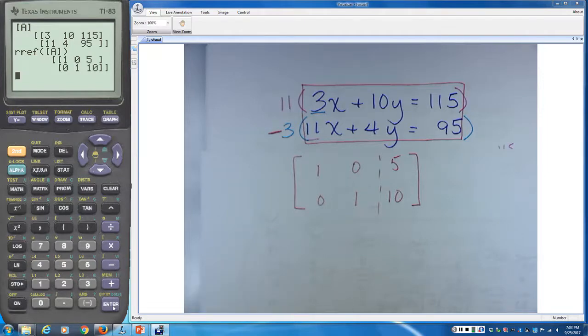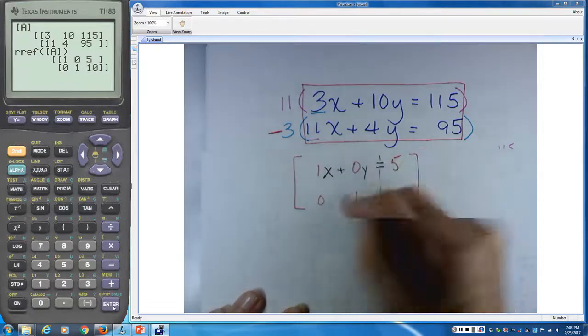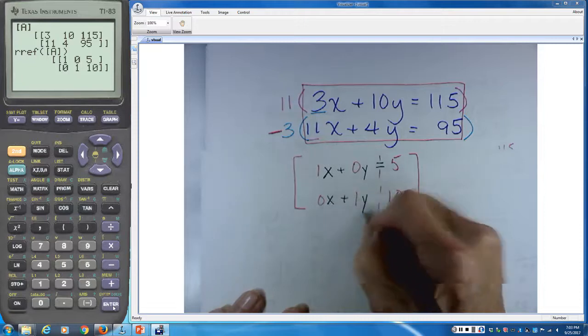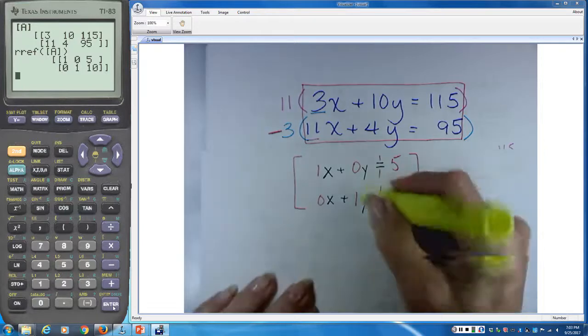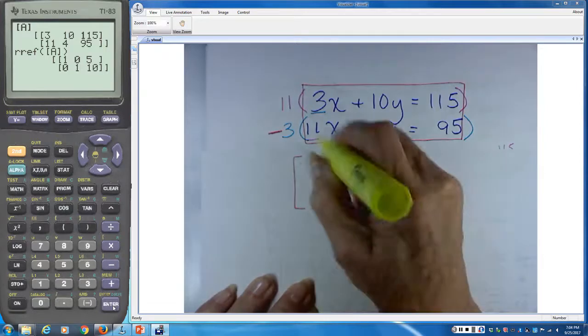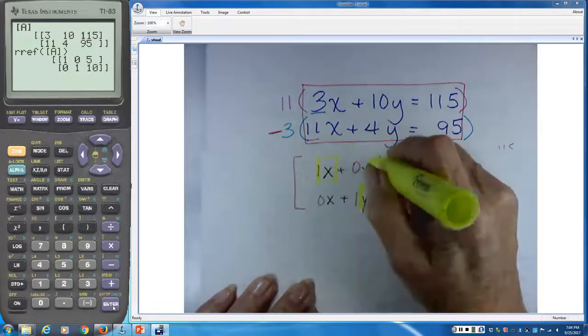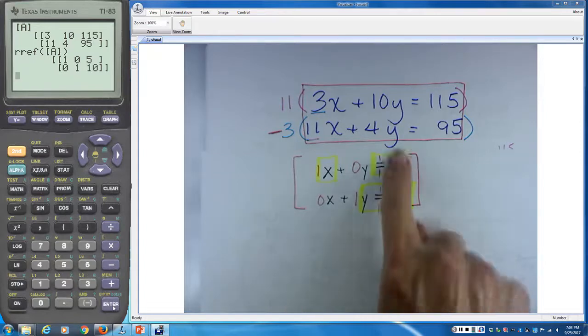So if I put the variables back in that matrix and the equal signs, what that tells me then is that no x's and 1 y is equal to 10. And it says an x is equal to 5, which is what we know the solution was. So when you do reduced row echelon form on a matrix that has a solution, this is where your solution shows up.